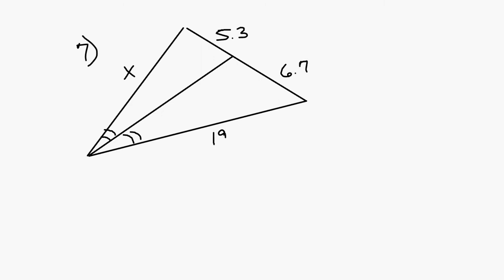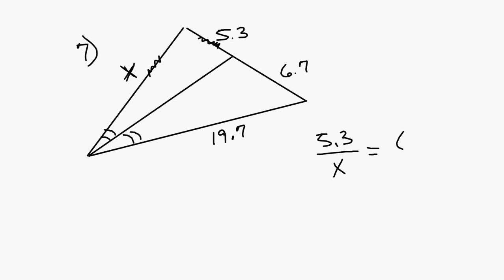Okay, so look, this is an angle bisector. So take the piece that it created, 5.3, put it over the side nearest to it, which is x, equals. We did piece over side, piece created over nearest side, right? Piece created over nearest side equals piece created over nearest side.